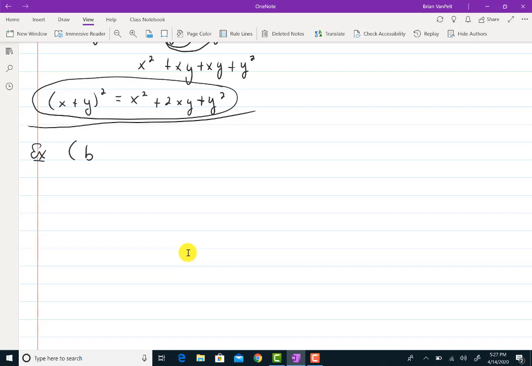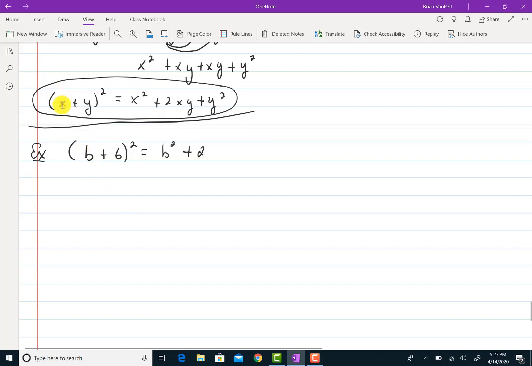So let's do b plus 6 squared. And I'll use the formula right above it. So now the b is playing the role of the x and the 6 is playing the role of the y. So according to this rule, I'm supposed to have b squared plus 2 times xy.